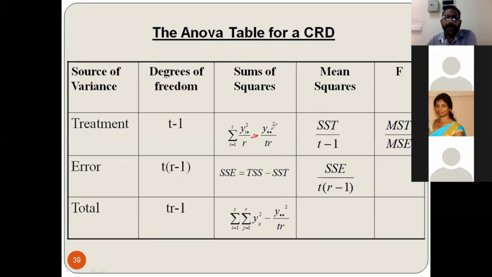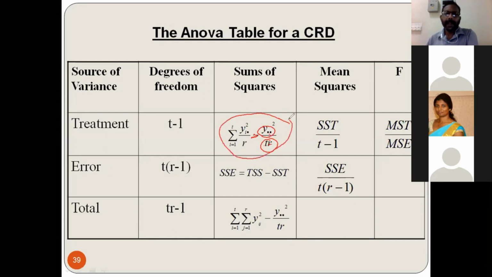This minus, can you remember we have seen something like this, the grand total. So grand total square divided by TR, the number of treatments multiplied by the number of replicates. Clear? So this is the formula that we will use.